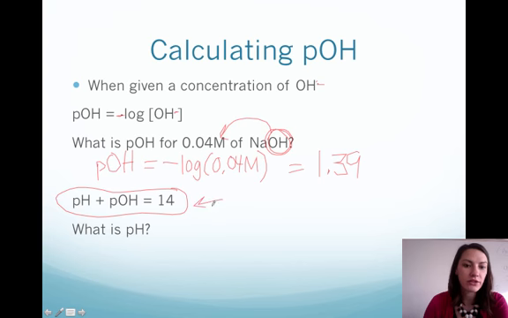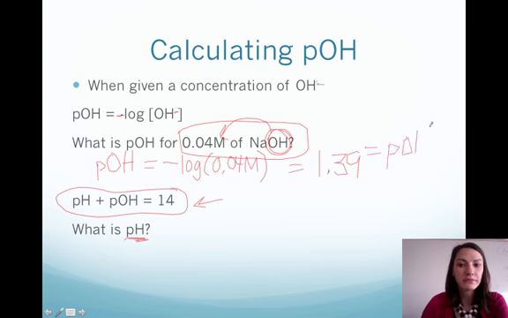So this is a formula you're going to need to know, right? So now I can calculate the pH of this solution using its pOH, okay? Because I know pH plus my pOH, which is 1.39, equals 14.